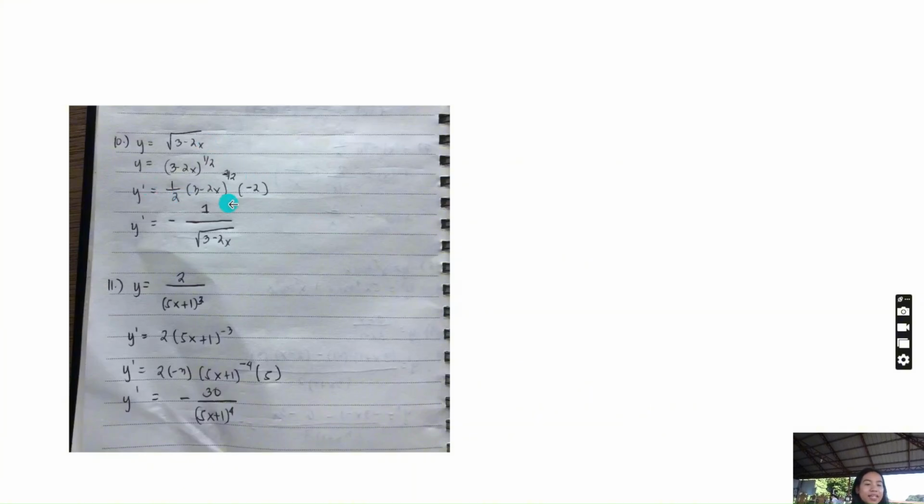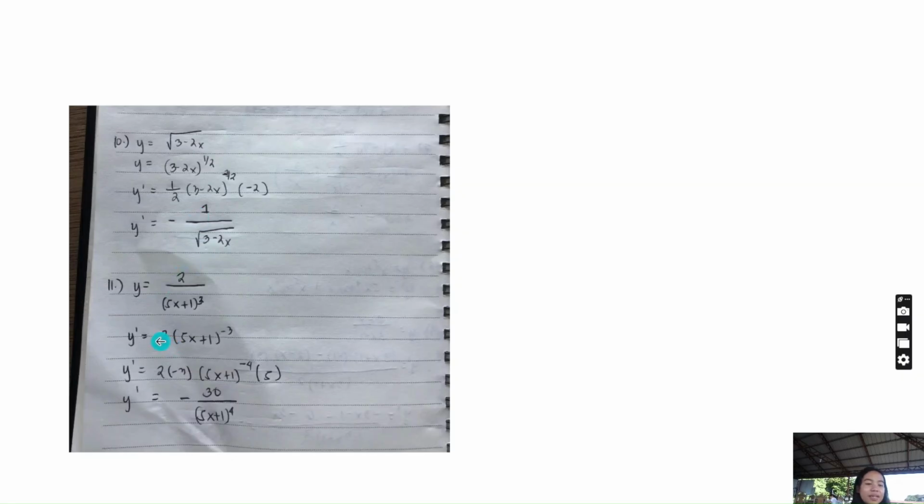And so by multiplying them all together, we have obtained negative 1 all over the square root of 3 minus 2x, because negative 2 times 1 half would be negative 1. And then we can simply put 3 minus 2x to the power of negative 1 half as its denominator, because we will always know that in terms of having a negative power, it will simply become the denominator of a fraction. So yes, that is our answer for number 10.